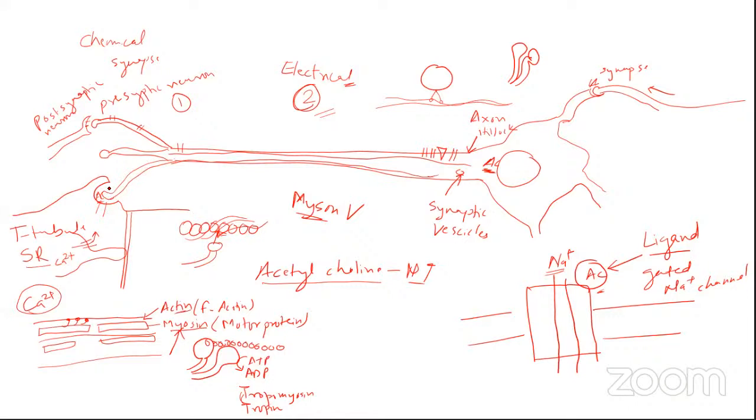So it gets concentrated here. Interesting. This kind of transport from the cell body to the axon terminals is called anterograde transport. Is there any doubt in this?